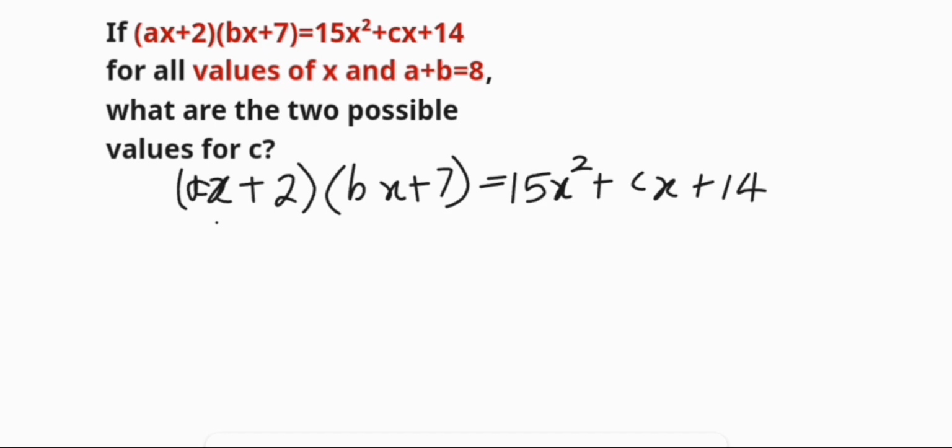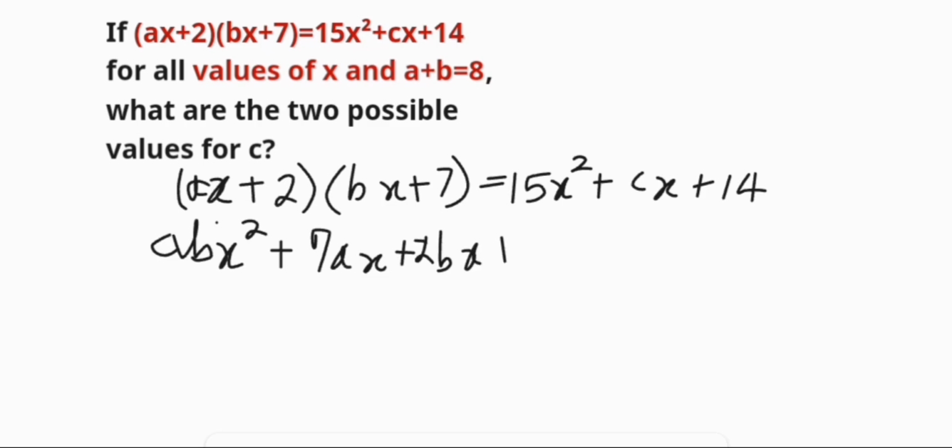We are going to distribute the terms in the parentheses on the left into the ones on the right, which means that we have abx squared plus 7ax plus 2bx plus 14 on the left, and this is going to be equal to the expression that we have still on the right.